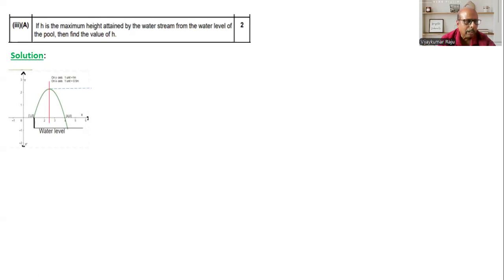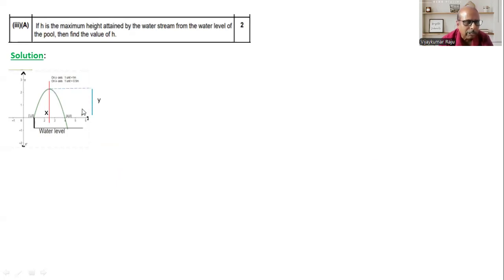This is the x value, which we found in the second bit. Now we have to find this height, which is nothing but the y value.